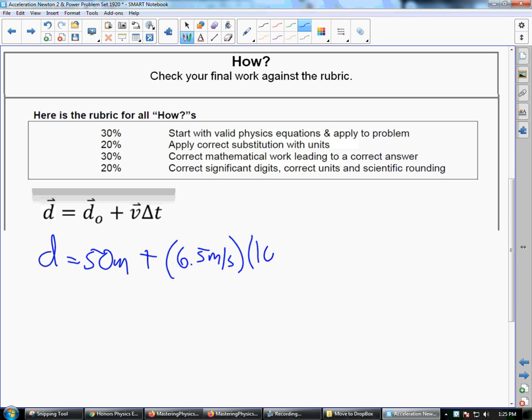And it does that for 10 seconds. So I get D and it'll be in meters. Right? Love it when we get a refresher of Unit 1. Makes life better.